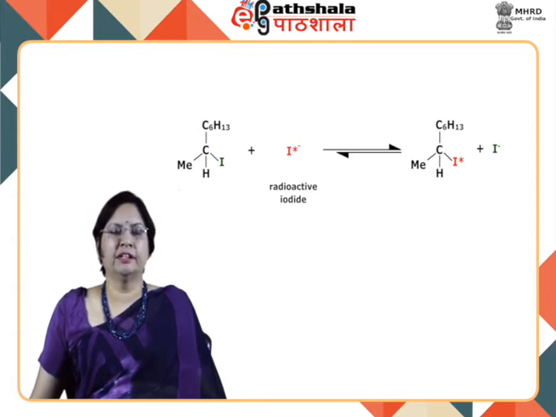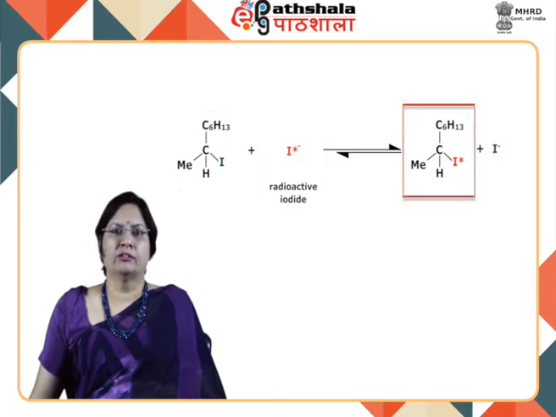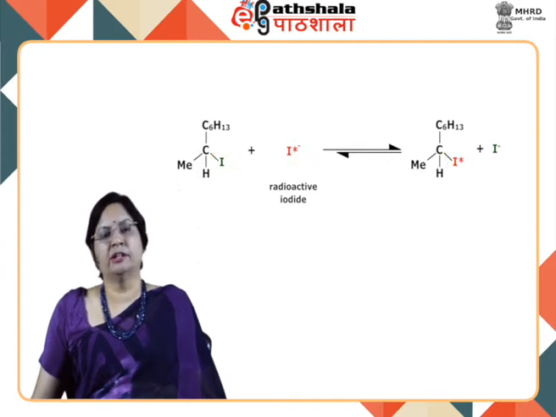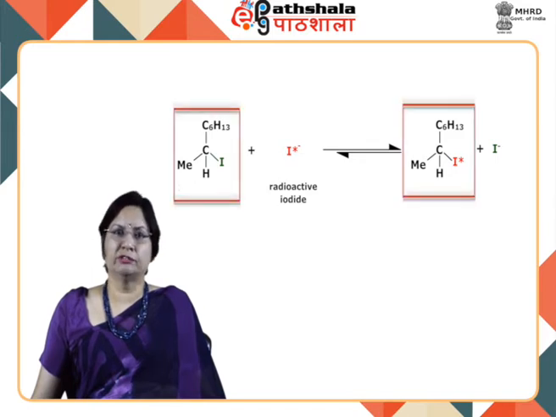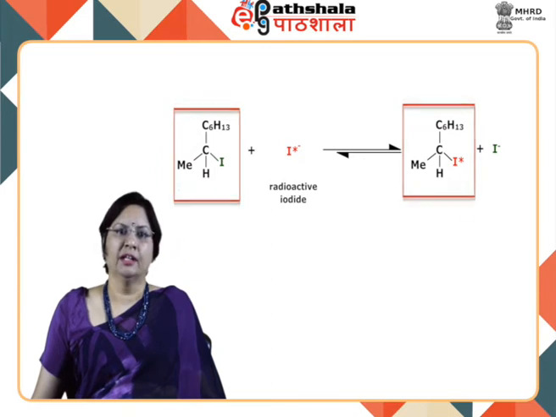So, you can clearly see here that when this 2-iodooctane is reacted with I minus, you get this product where the normal iodine is replaced with the labeled iodine, but eventually it will lead to equilibrium and you get a mixture of 2-iodooctane, which is simple, that is without labeling, as well as 2-iodooctane where the iodine is labeled.